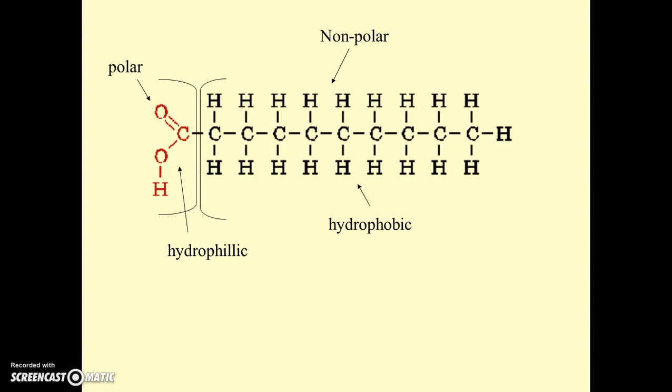This is showing you the separation between the polar part of the molecule and since it is polar, we know that it will be hydrophilic, soluble in water. Nonpolar is this long hydrocarbon chain. Hydrocarbon because it's just carbons linked together with hydrogens attached to them. Hydrophobic, meaning will not be soluble in water.